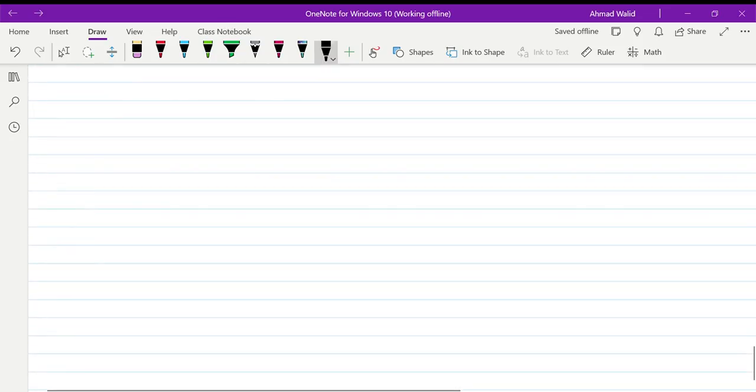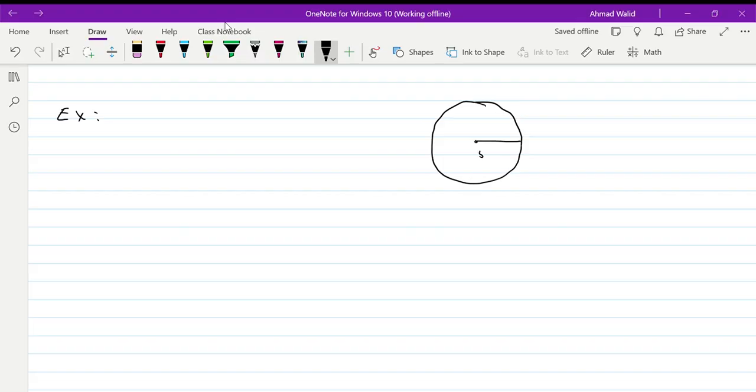Another good example. A circle is given to you. The radius is 5 centimeter and the angle is 120 degree. They are asking you to find the area sector.